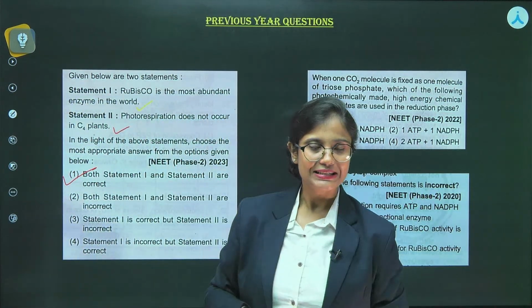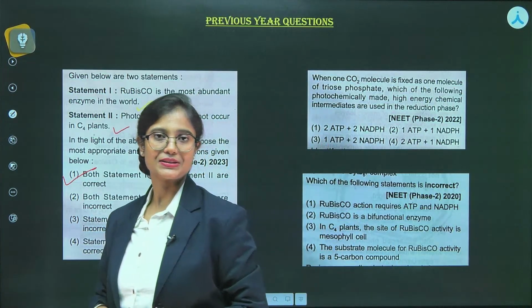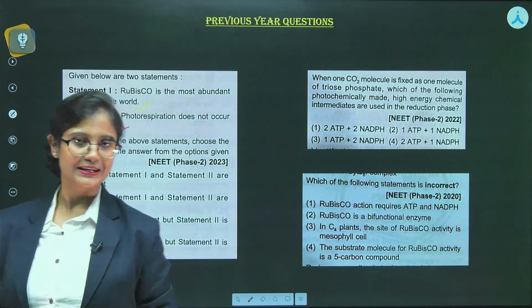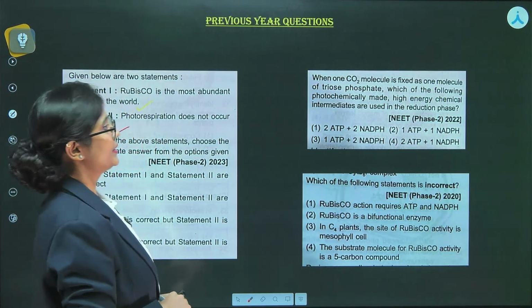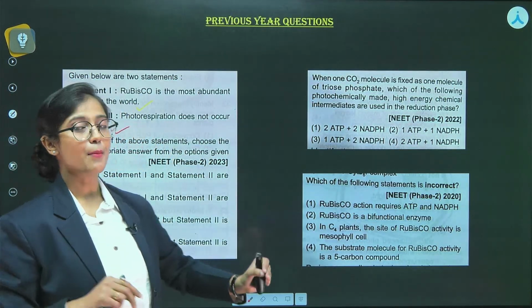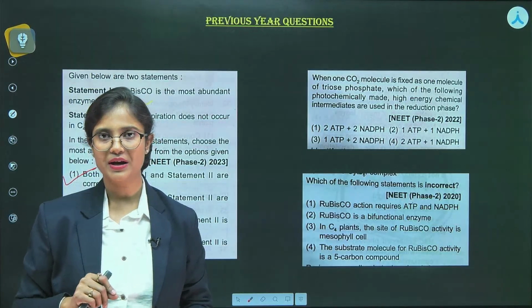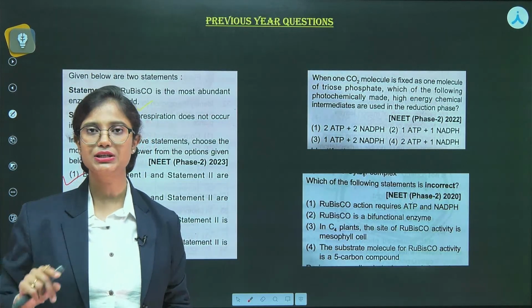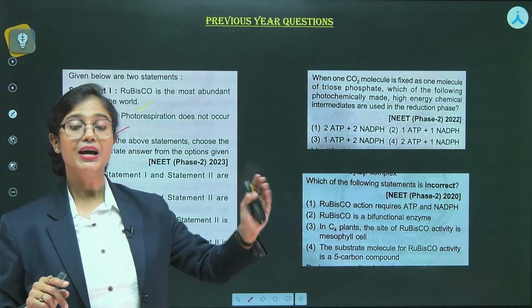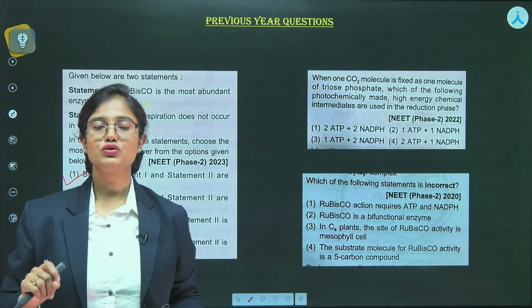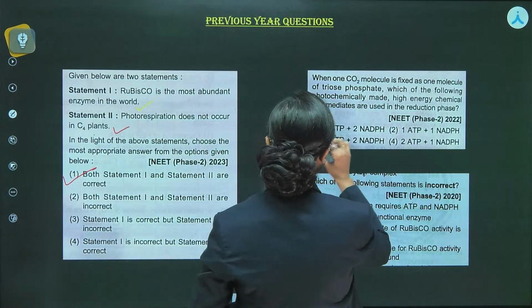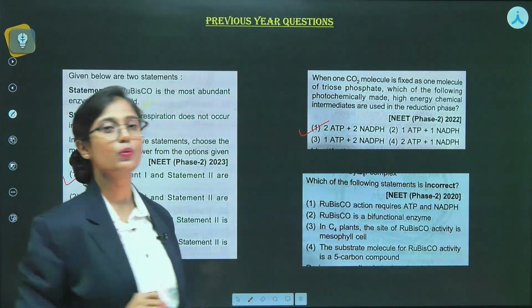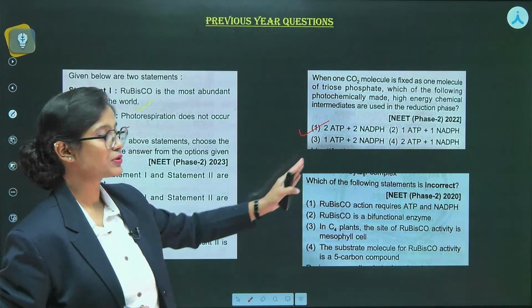First one is carboxylation, next one is reduction and third one is regeneration. Right, तो reduction step में हमारे कितने assimilatory power use हुए थे for the single CO2 molecule? Those are 2 ATP along with 2 molecules of NADPH and it is correctly depicted in option 1. Rest options get ruled out.